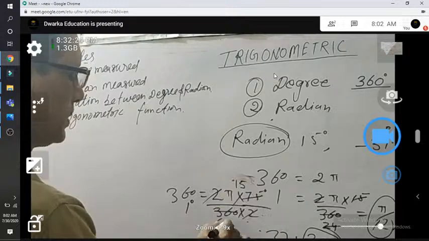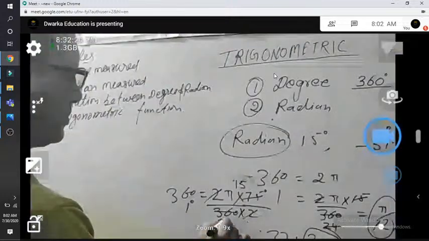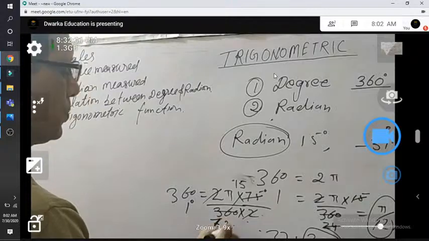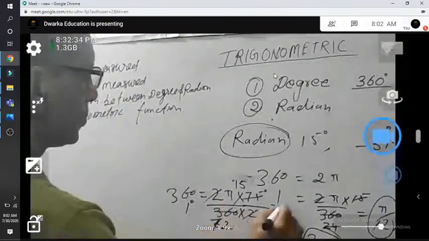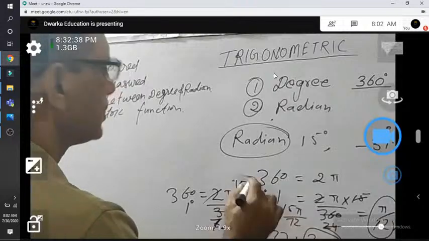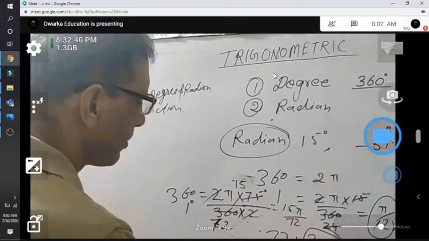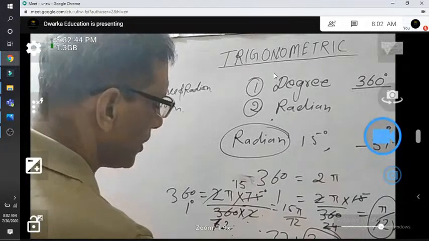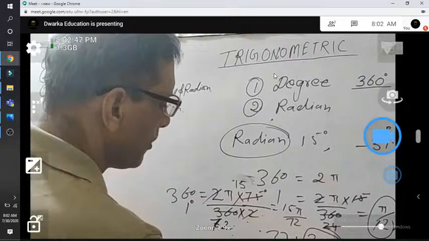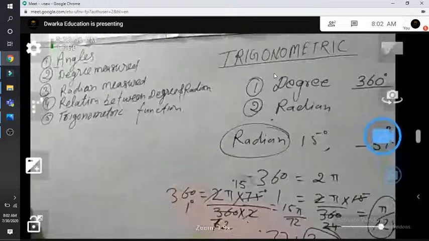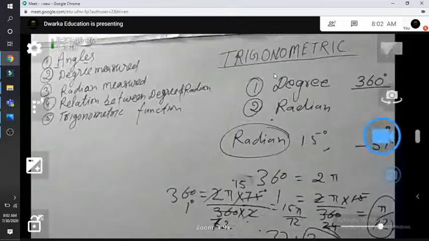This is equal to 15 pi by 72. But this is in minus, so we can say minus 15 pi by 72 radian. This is the measurement.